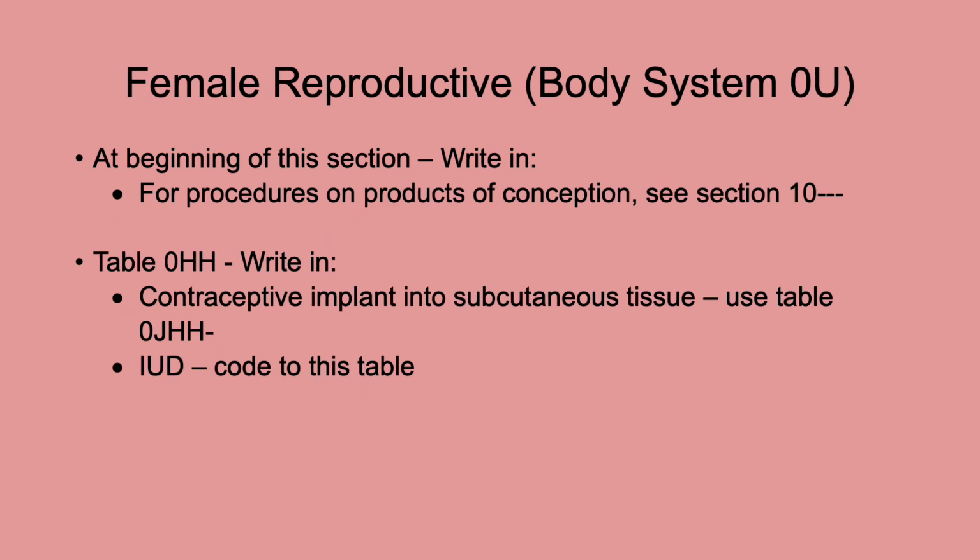Okay, female reproductive system. For procedures on products of conception, see section 10. So remember, female reproductive system is for non-pregnant patients generally, or procedures that are not on the products of conception, the fetus, the amnion, umbilical cord, whatever.